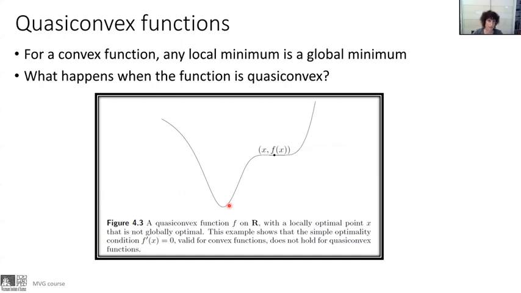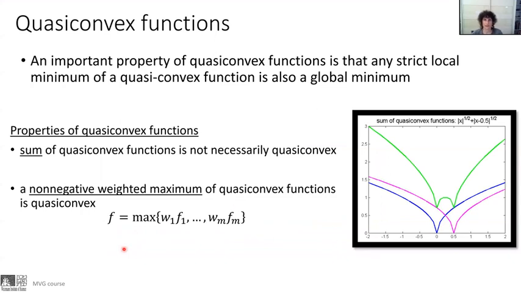However, an important property of a quasi-convex function is that any strict local minimum of a quasi-convex function is also a global minimum. This is the reason that we can use this nice property to get a global minimum.